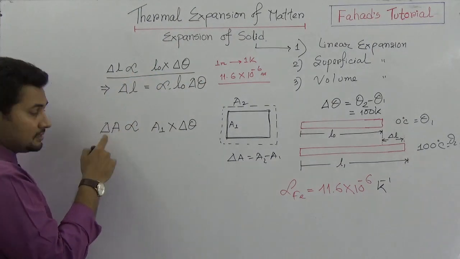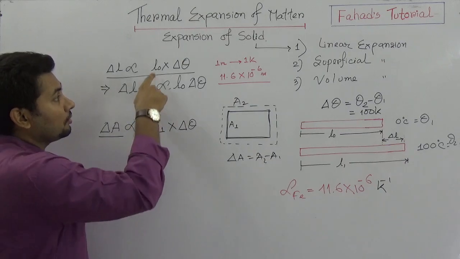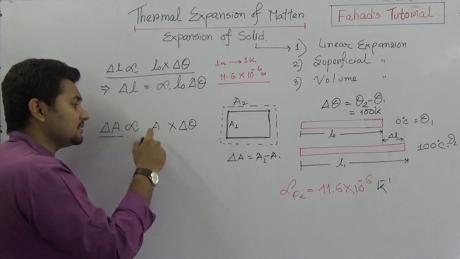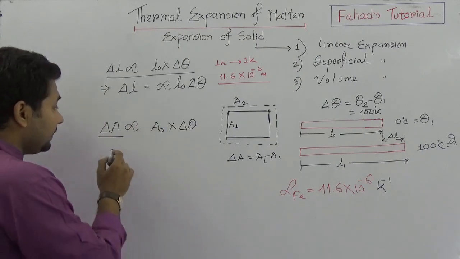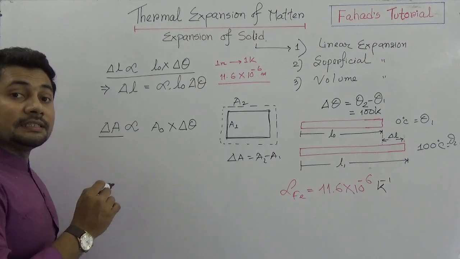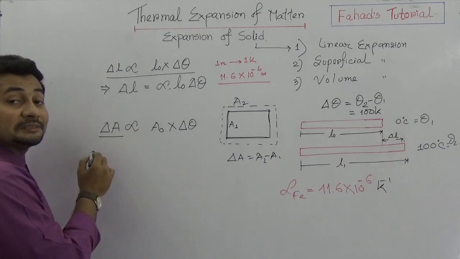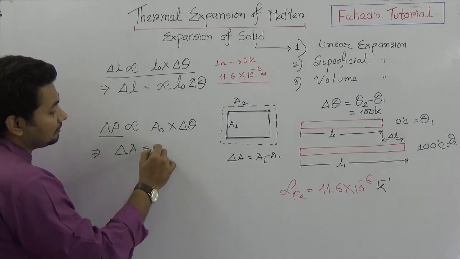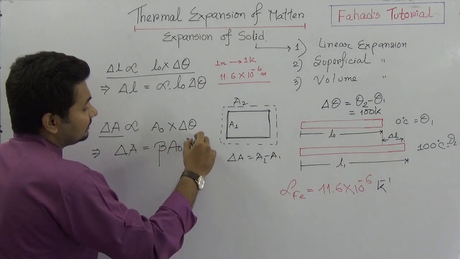Now this is very easy. It was previously del L, now it is del A. It was previously L0, and now it is A1, or you can say A0, the previous area. And what is the constant of proportionality in area expansion? That is beta. So del A is equal to beta A0 del theta.